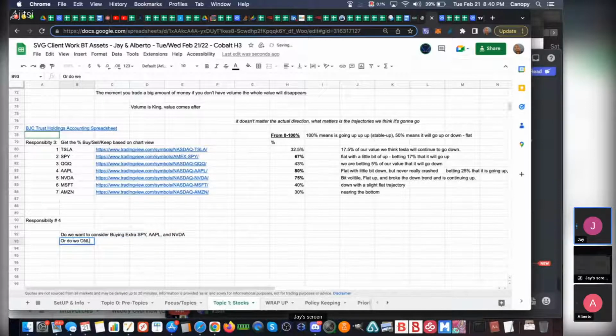Or do we only buy extra if it is at 100%? Because if we're buying extra value of something, why would we buy extra value of something that is not 100%, right?